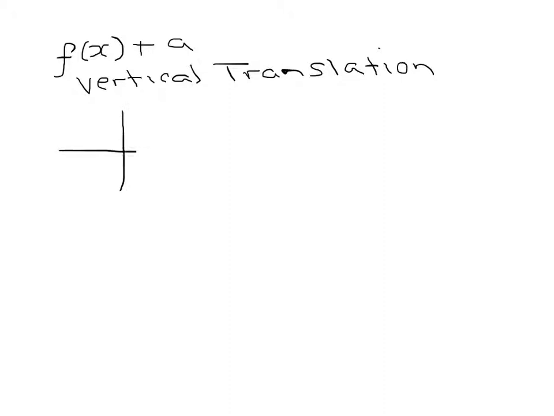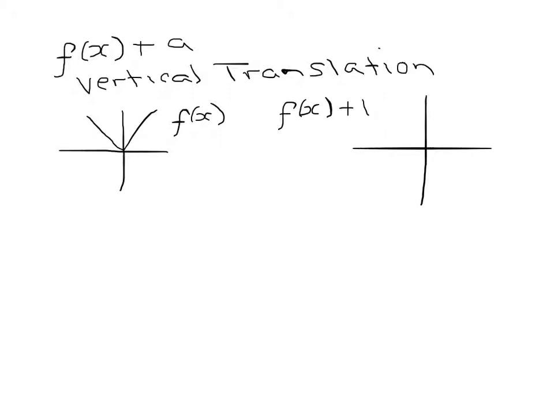So, for example, if you have a function that looks a bit like that, that's your f of x, then f of x plus 1 is going to be the whole function but moved up by 1.